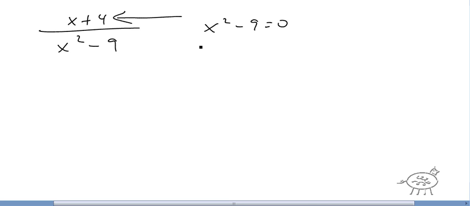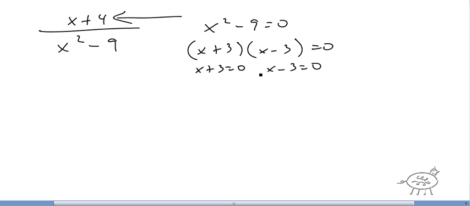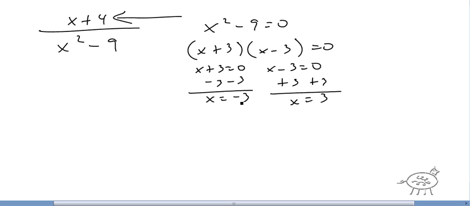I'm going to factor, and I get x plus 3, x minus 3 equals 0. So x plus 3 equals 0, x minus 3 equals 0. Subtract 3, x equals negative 3, add 3, x equals 3. So that's your answer, guys. That's what you're going to put in the answer blank: x equals 3, comma, negative 3, or x equals 3, x equals negative 3. Doesn't matter. I don't care about the top, just the bottom.